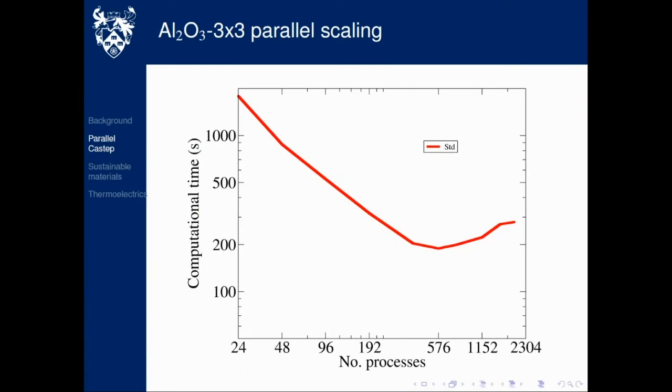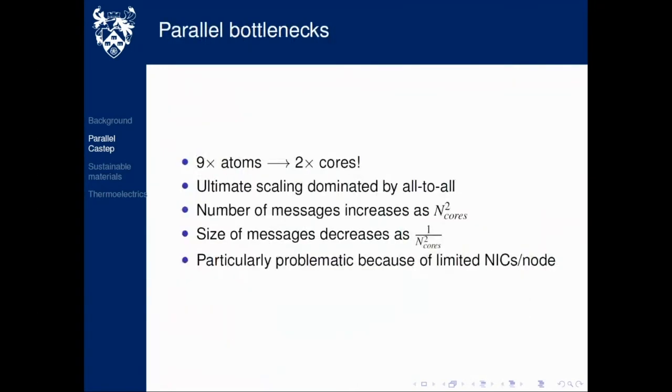The core counts that it happens at are bigger, but it's still not ideal. In fact, I've multiplied the number of atoms by 9, going from the small case to this much bigger case, but I've only managed to multiply the number of cores I can use effectively by about 2. So this doesn't sound very encouraging for CASTEP on a large modern computer.